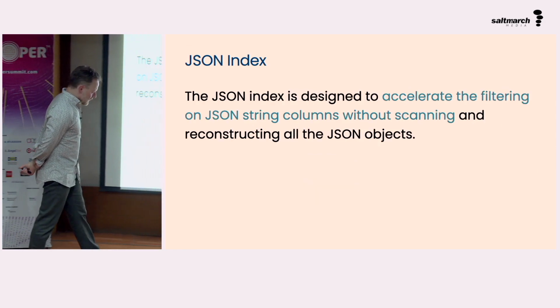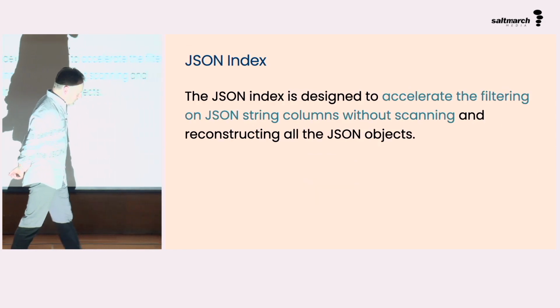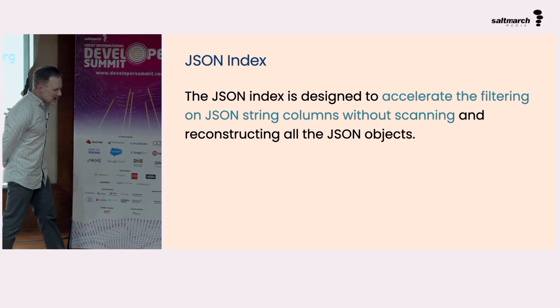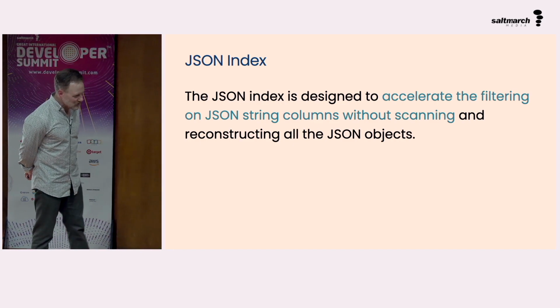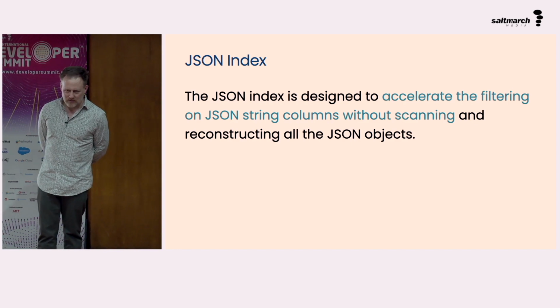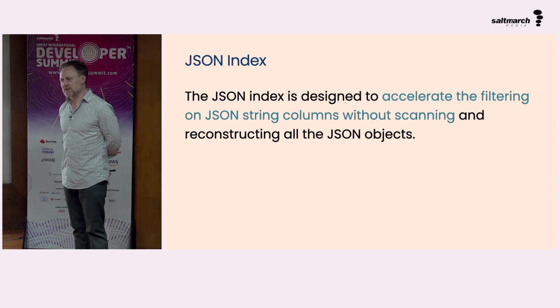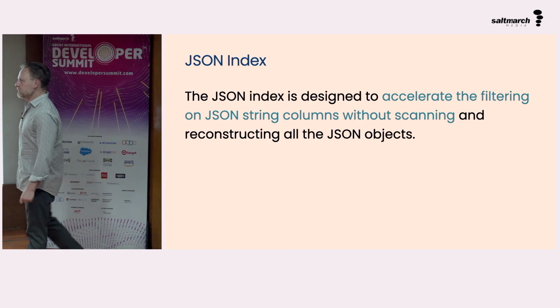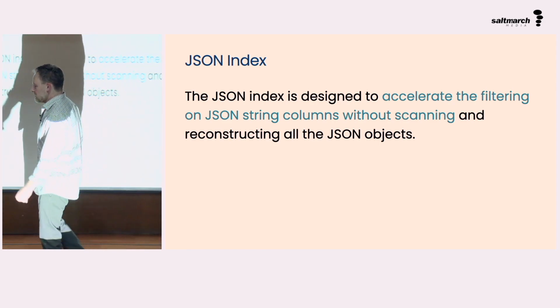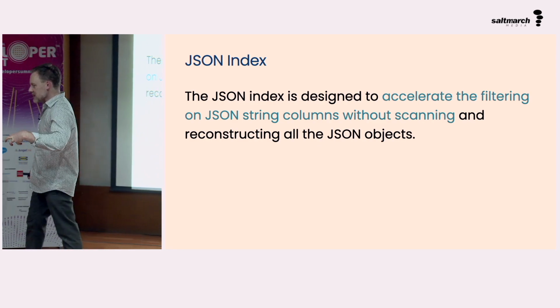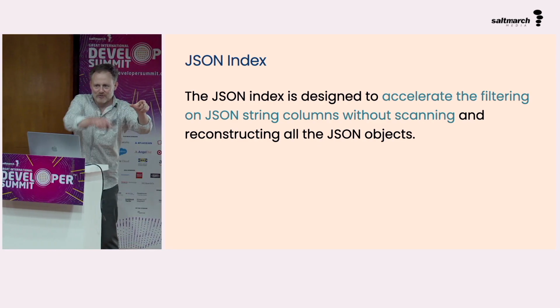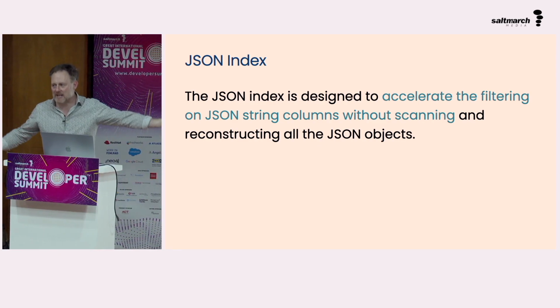Now, the JSON index. Let's think carefully about this. A lot of the data you might ingest into Pinot might start life as JSON, right? That makes sense. So why is there a JSON index? Well, you're going to take the JSON input and map fields to columns, and so it's not going to stay JSON.